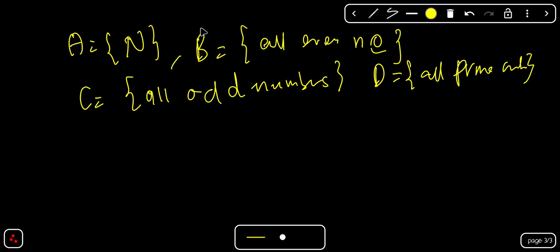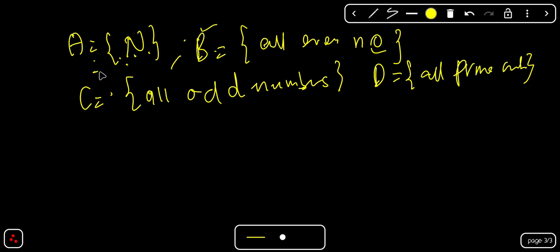We can say B is a subset of the set of natural numbers, which is A, because all the elements in B can be found in A. All even numbers, all odd numbers, all prime numbers, we remove them from the set of natural numbers. So that shows that B is a subset of A, C is a subset of A, and at the same time, D is a subset of A.